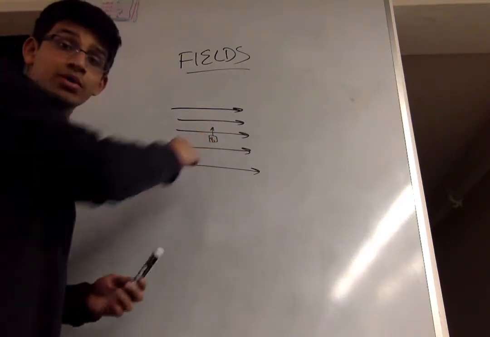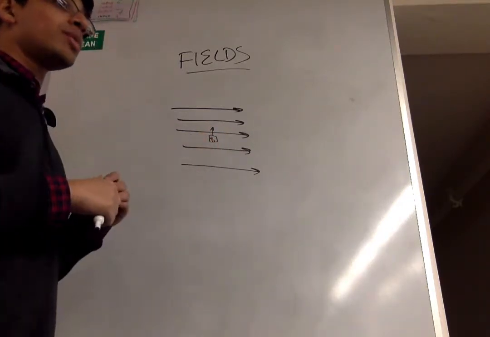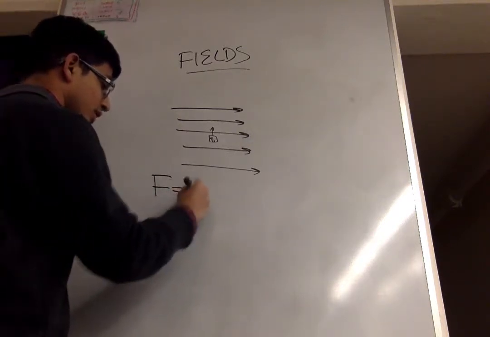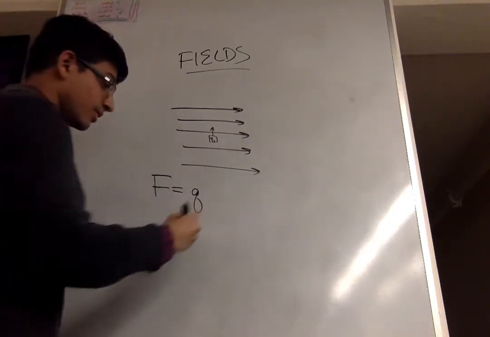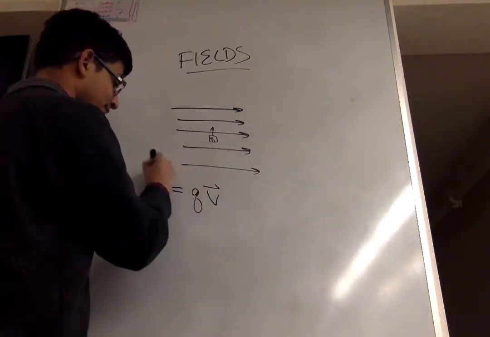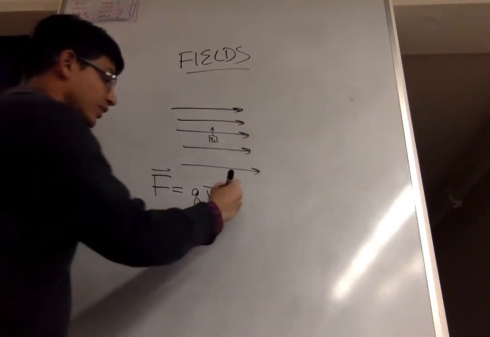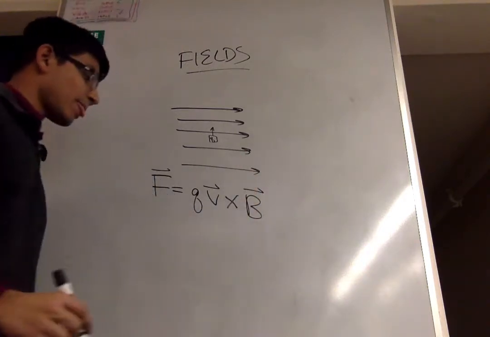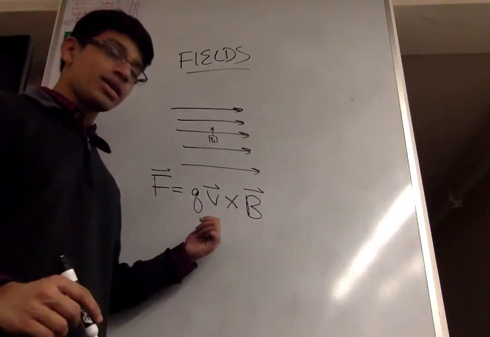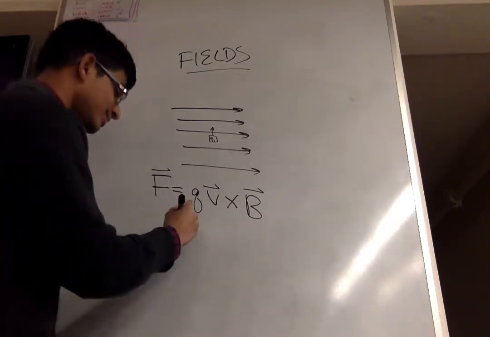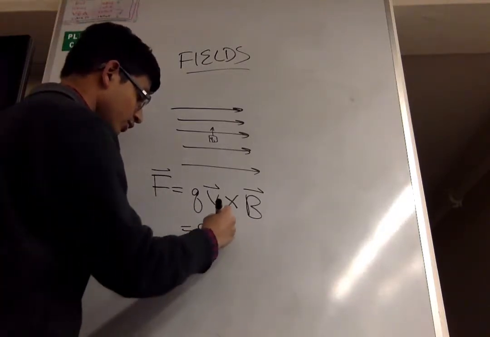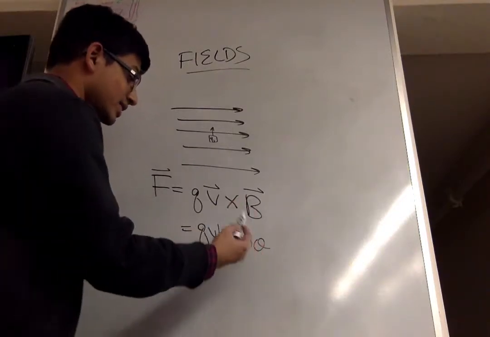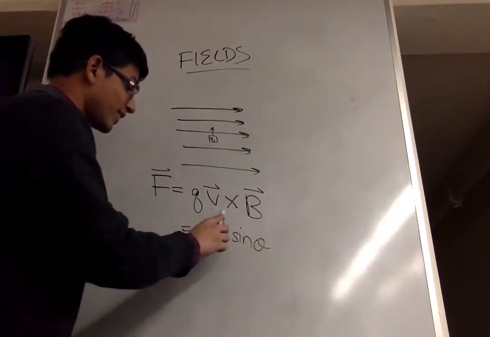Well, the formula to use is force is equal to Q, the charge of the particle, times V, force is a vector, velocity is a vector, crossed with the magnetic field. So force is equal to QV cross B, or QVB sine theta, where theta is the angle between V and B.